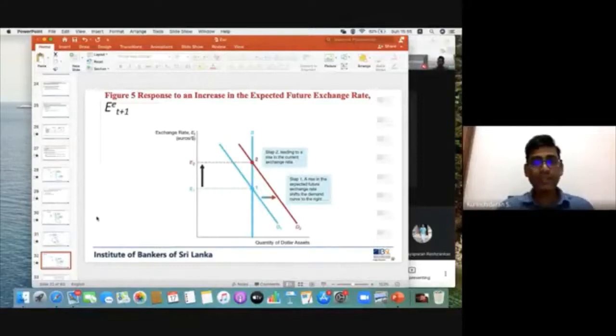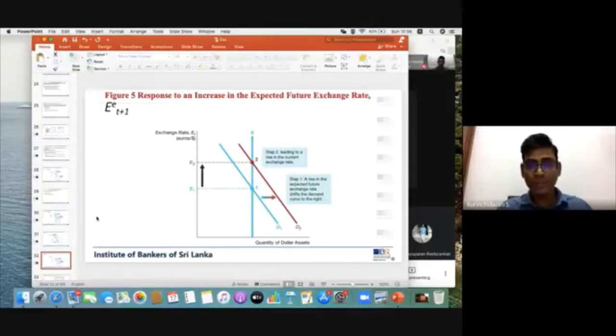So people think the expected future exchange rate is going to increase. That means people want to buy now. So demand will increase. The demand curve will move from D1 to D2. So the initial equilibrium at 1, where the exchange rate is E1, both are shown in blue.